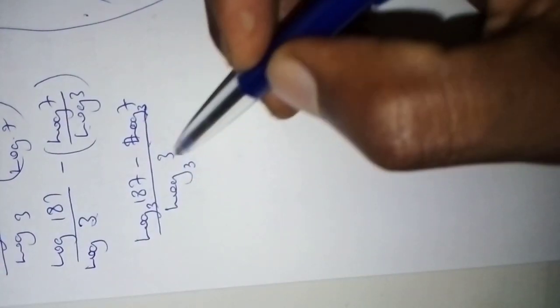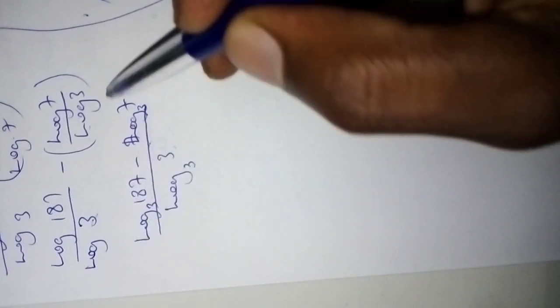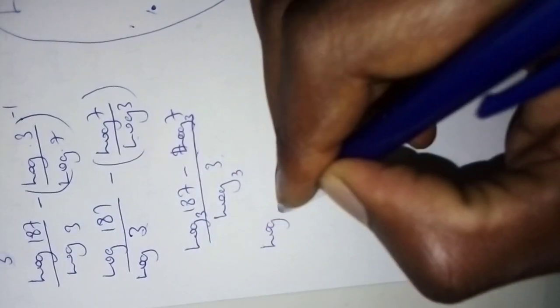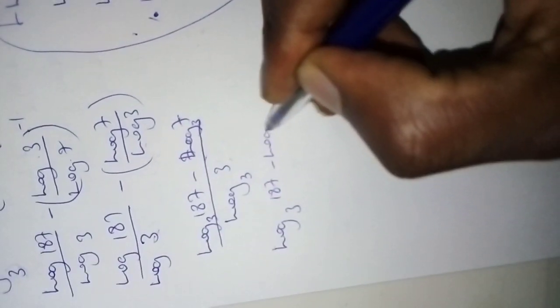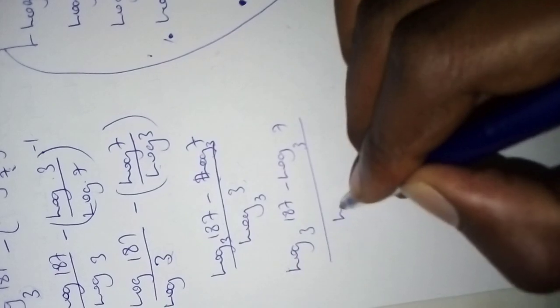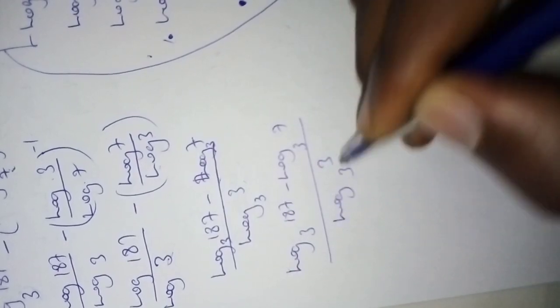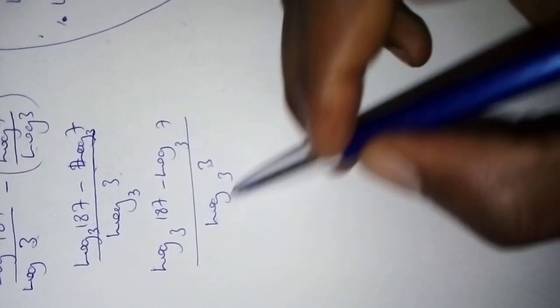If we introduce log 3, then it means we're getting rid of the fraction so that we can just simply focus on this. So we have log 3 187 minus log 3 7 divided by log 3 3, right? So now this is equivalent to 1.